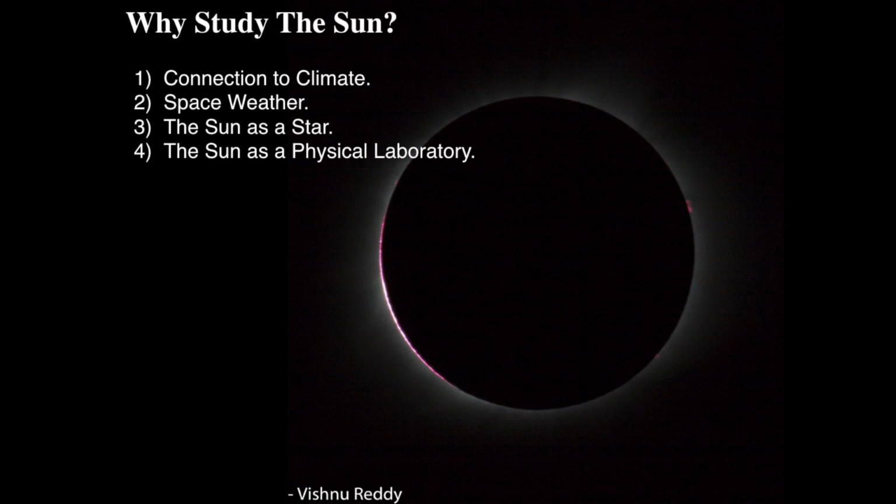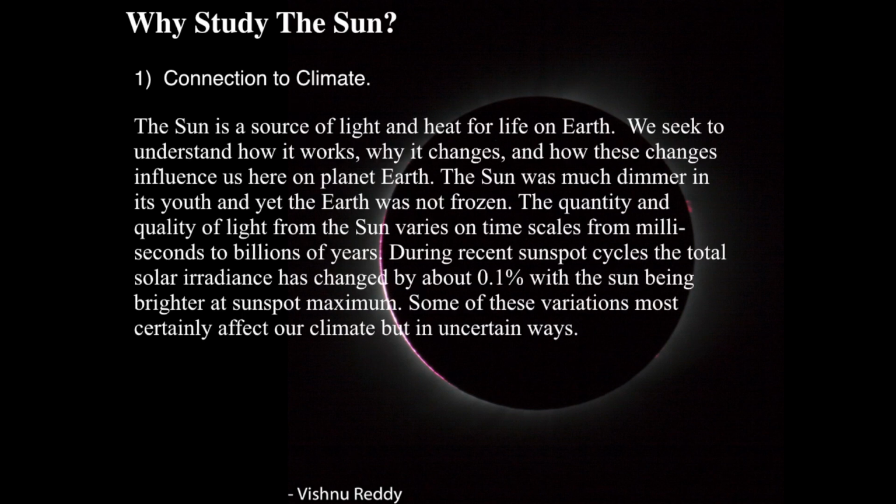So why do we study the sun? There are numerous things, and we'll discuss these four in brief right now. We study the sun because there's a connection to our climate. Since it's the primary source of light and heat on Earth, everything that the sun does can influence how warm or hot the Earth is, and so it is the fundamental driver of all climate on Earth.